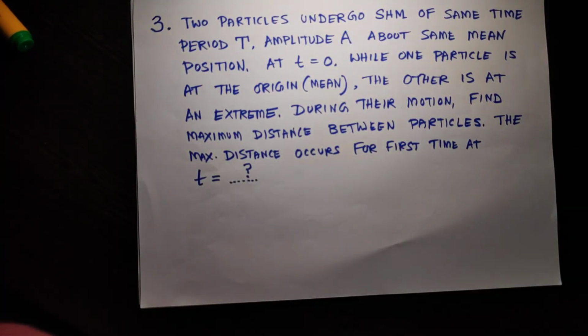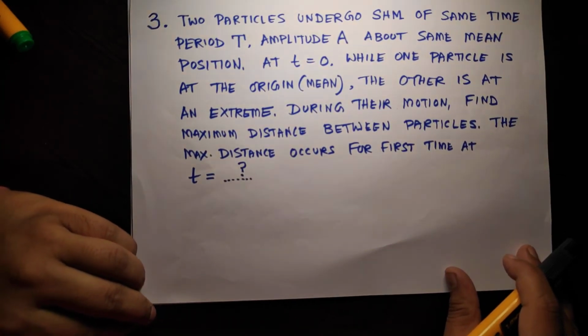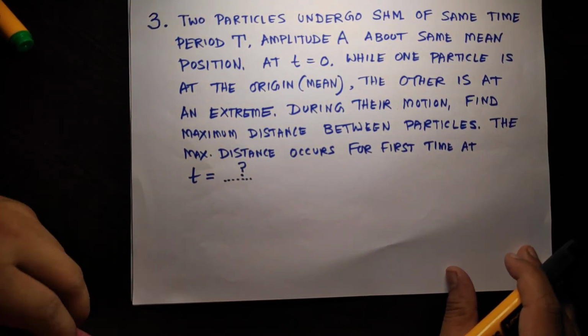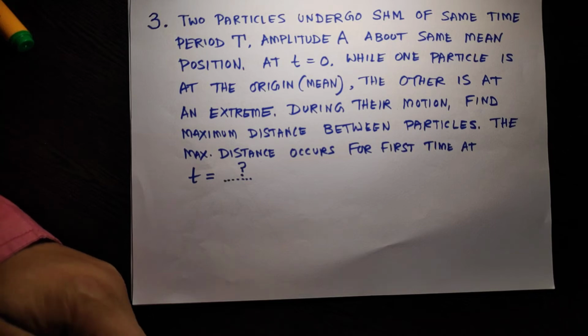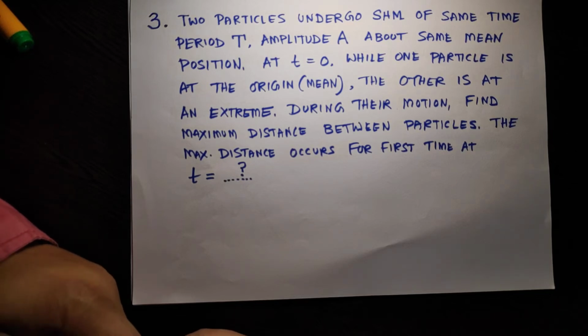Let's move on to the next problem. Two particles undergo SHM of the same time period T and amplitude A about the same mean position. At time t equal to 0, while one particle is at the mean position, the other is at the extreme. Find the maximum distance between the particles, and the time at which the maximum distance occurs for the first time.